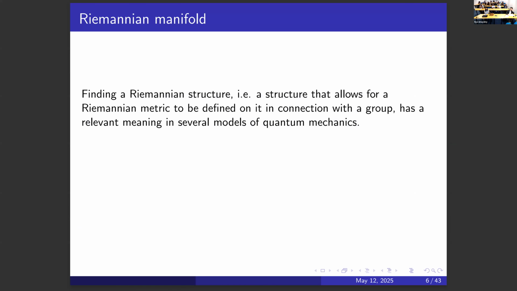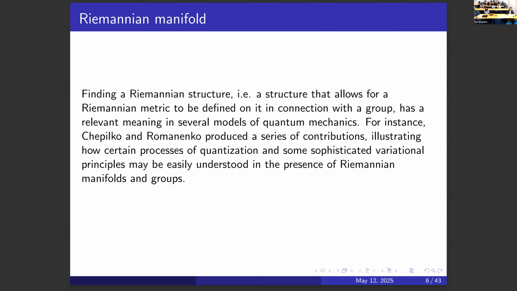So finding a Riemannian structure for us was not so much technically talking about differential manifolds. We just needed a structure that essentially meant we're able to define a Riemannian metric on whatever manifold or topological space we were dealing with. And Riemannian structures are really helpful when we're dealing with quantum models because they help with simplifying a lot of quantization processes.